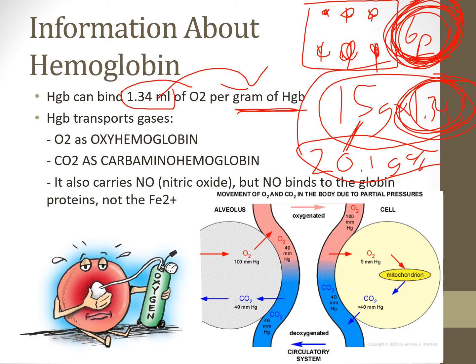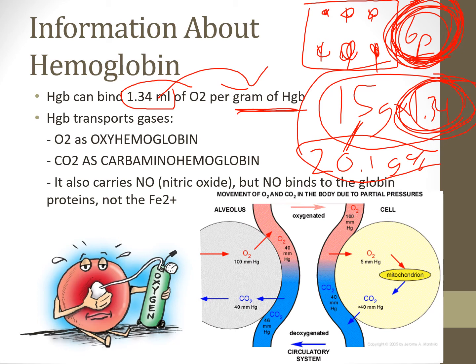So if you're looking at a patient and their oxygen levels are really, really low, and we draw an arterial blood sample and see that their hemoglobin level, let's say, is 8, their ability to carry oxygen is very, very low.